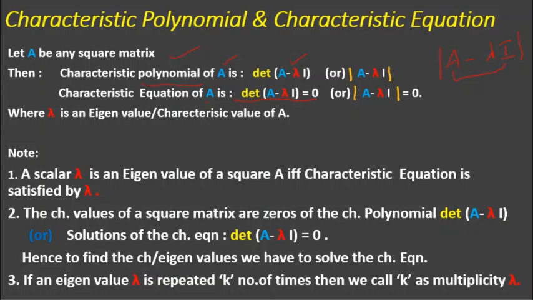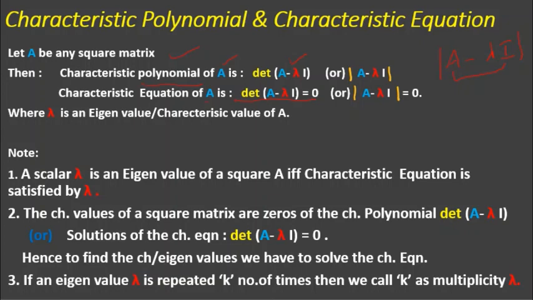Now let us look at some note points. First point number 1. A scalar lambda is an eigenvalue of a square matrix A if and only if the characteristic equation is satisfied by lambda. So whatever characteristic equation we get, that should be satisfied by lambda. Then you call that lambda an eigenvalue or a characteristic value.